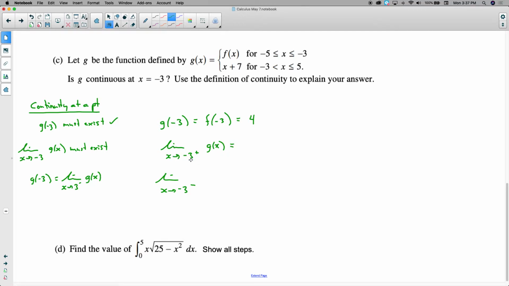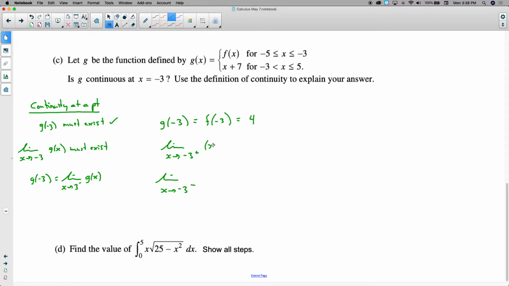To approach -3 from the right-hand side, I should be a little careful here with negatives. That means I'm using numbers like -2.9, so that's this bottom one. I was wrong a moment ago.